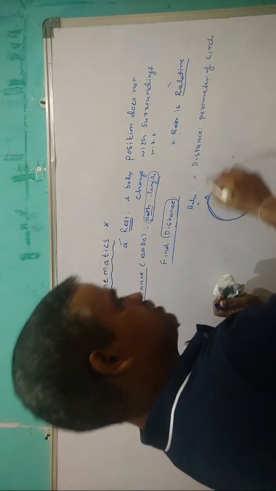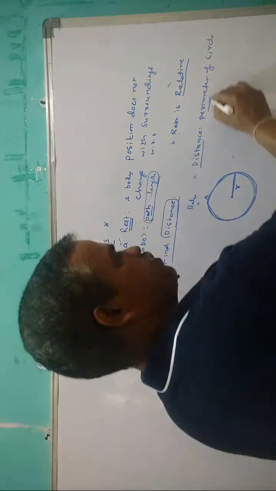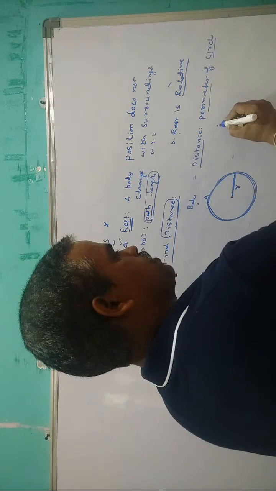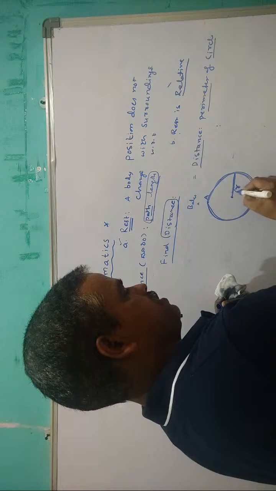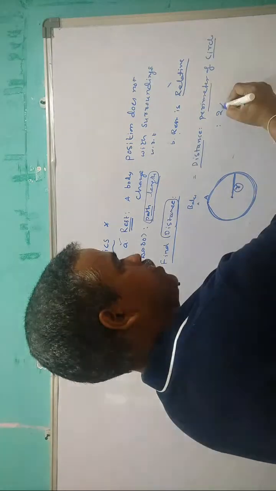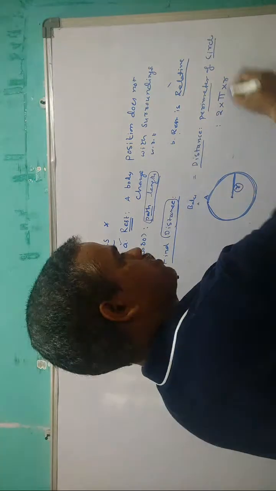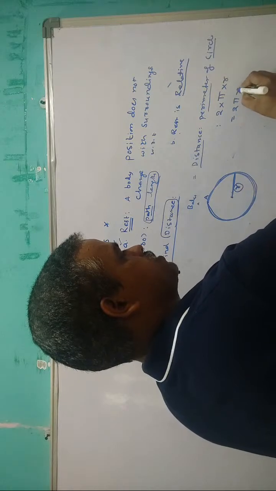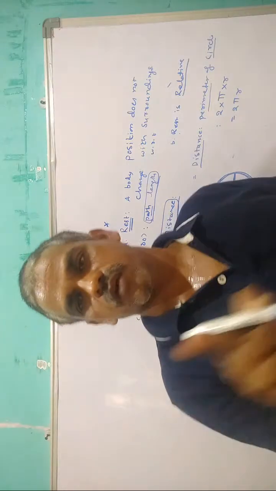In this case, the distance is nothing but the perimeter of the circle. Already in the picture we have the radius r. So 2 into pi into r will be the distance Balu would travel in this circular path.